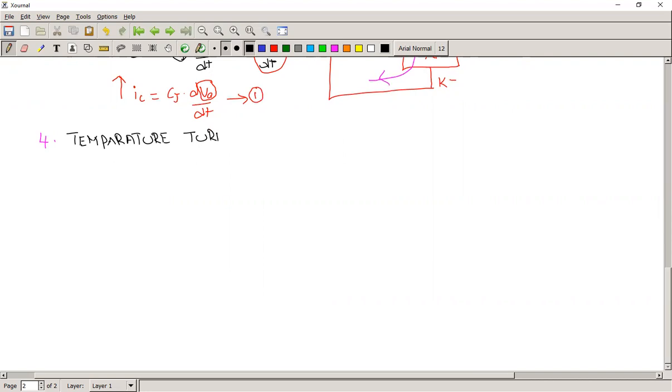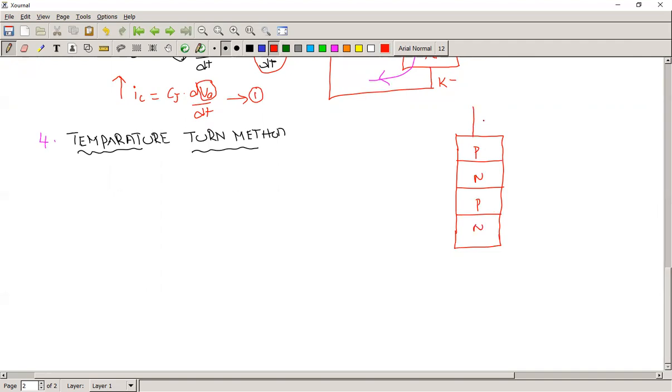In case of the temperature turn-on method, again we are taking the SCR, P N P N device, anode, this is cathode, this is gate.